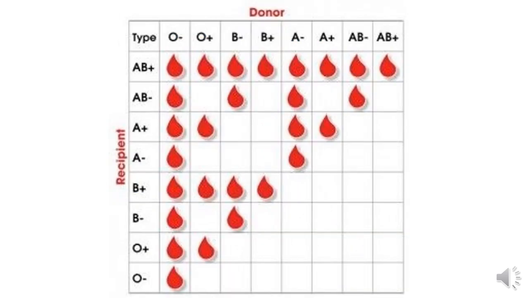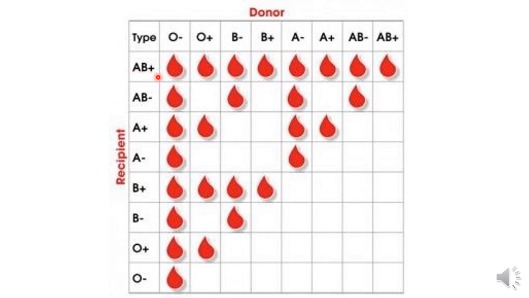Also, we need to know that not all blood groups can donate blood to all blood groups. For example, here you can see that the O negative can donate blood to everyone, to all the blood groups. However, it can only accept blood from itself. Vice versa for the AB positive.